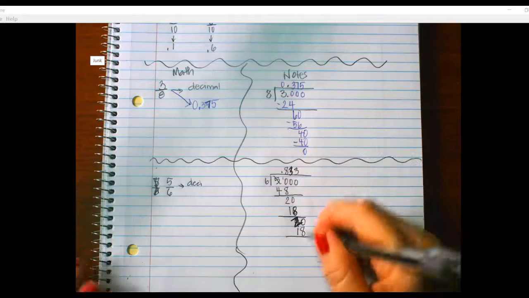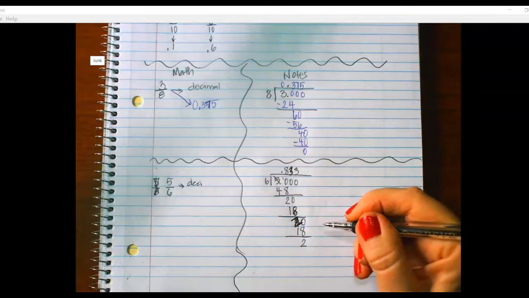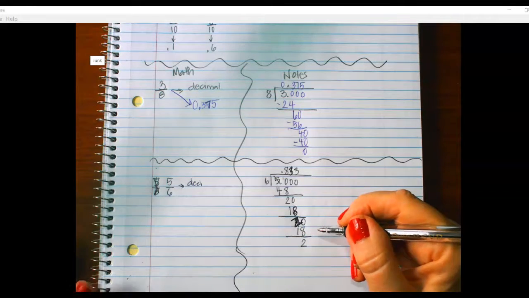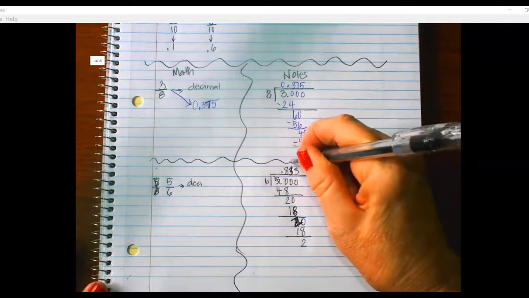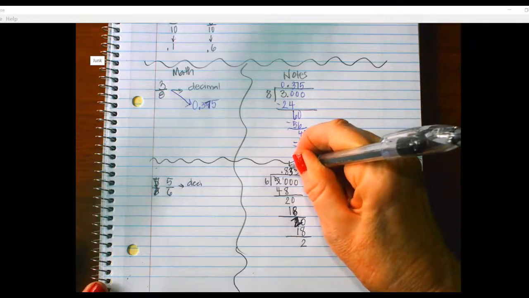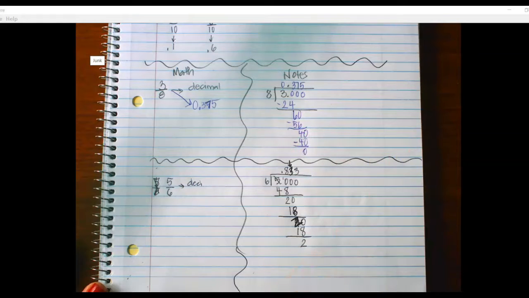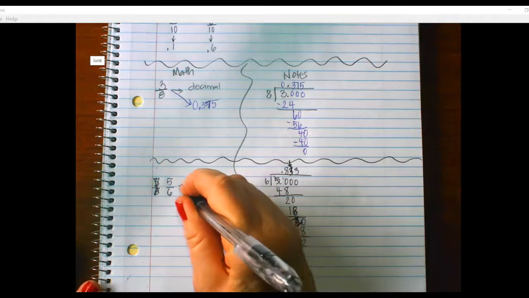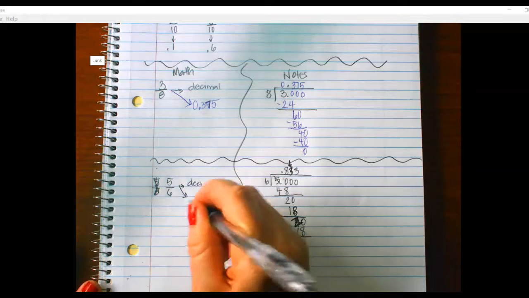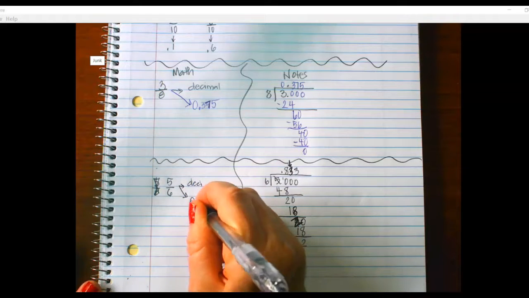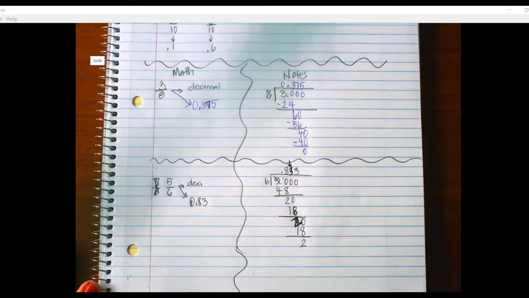So what I'm going to do is I'm actually just going to stop right here and round it usually to the nearest hundredth. Okay? So the decimal equivalent of 5/6 is 0.83 hundredths.